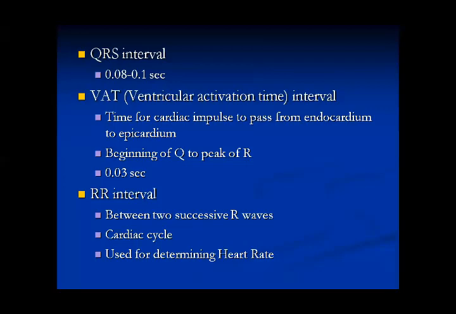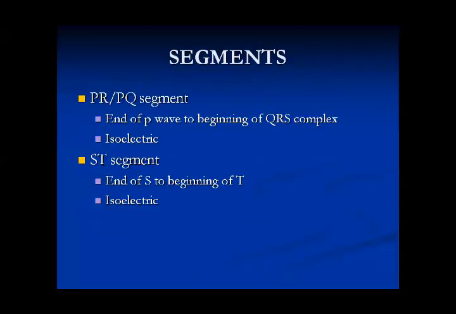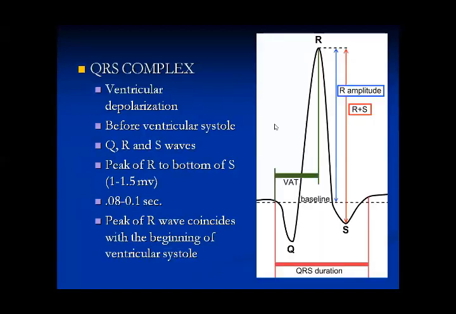So it starts from the beginning of the Q to the peak of R. That's this one. We have drawn a perpendicular from the peak, and this is the VAT. This is the ventricular activation time interval, right?